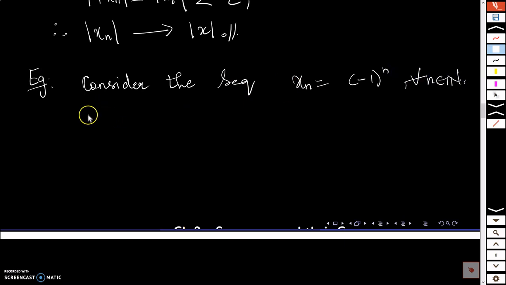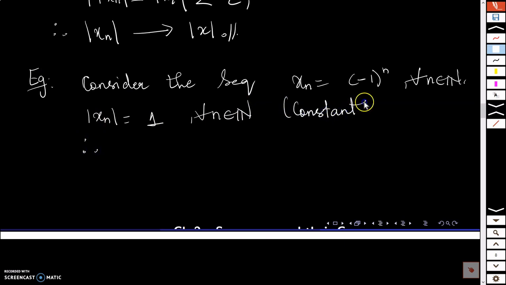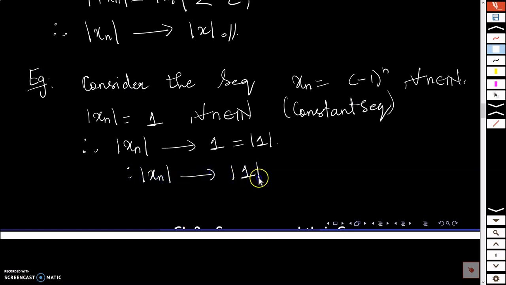Then what is modulus of xn? If I take modulus of each and every term here, it will be 1, right, for all n. So this will be a constant sequence, and a constant sequence always converges to that constant value. So modulus of xn will converge to 1, and 1 is the same as modulus of 1. Therefore modulus of xn converges to modulus of 1.